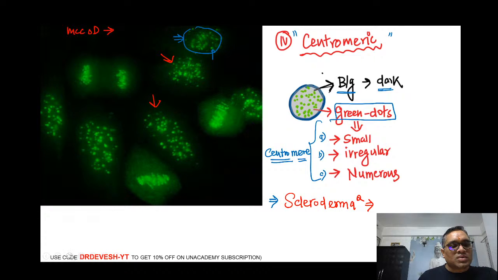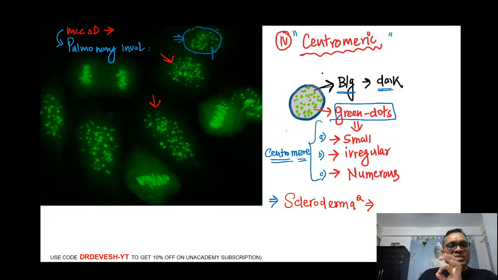It is pulmonary involvement, which leads to fibrosis and hypertension, right? So that is how you have to identify the centromeric pattern.